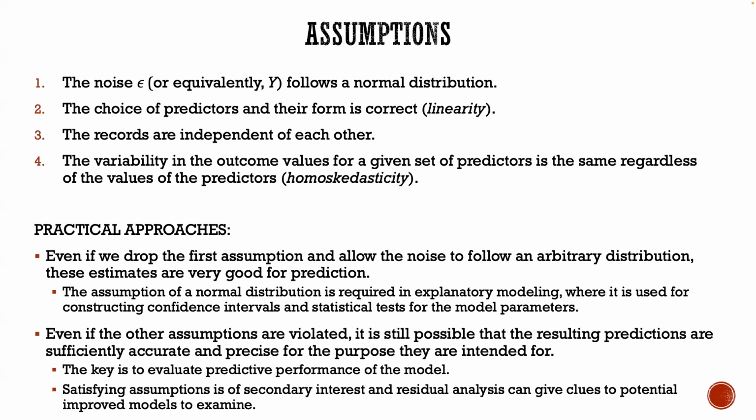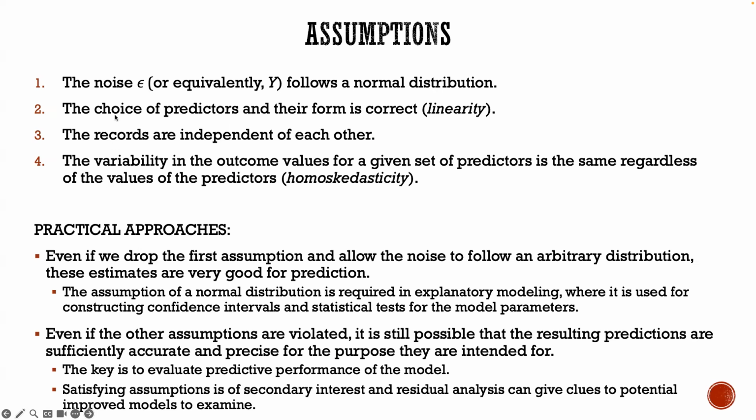But if we are doing predictive modeling, even if we drop, let's say, the first assumption, that the error, or equivalently the outcome variable y, is normally distributed, we could still get a good model for prediction. It's not a must for a good predictive model to satisfy this assumption. So it's required for explanatory modeling, but not for predictive modeling. So that's a good sign. At least it gives us more flexibility.